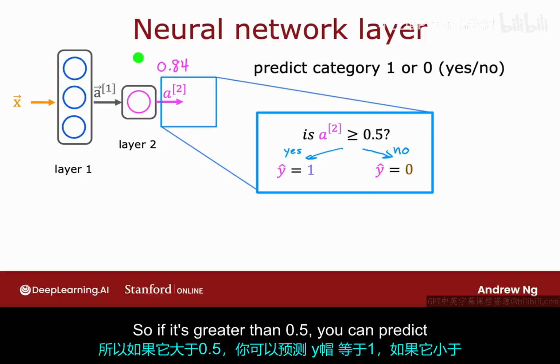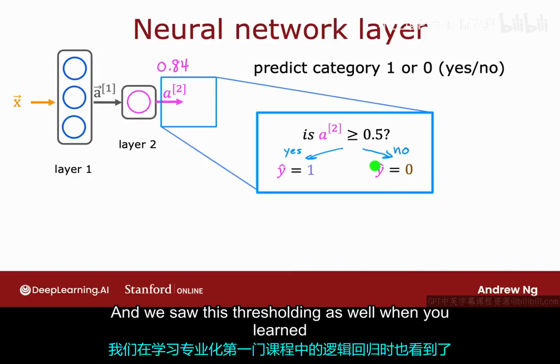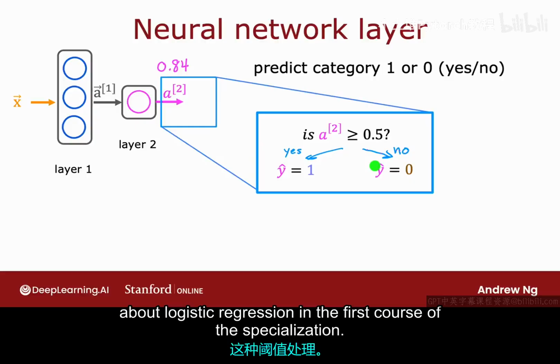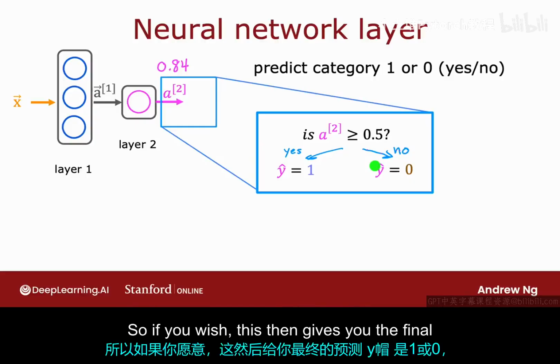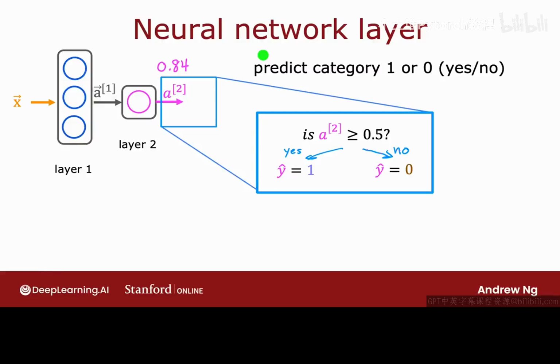So if it's greater than 0.5, you can predict y hat equals 1, and if it's less than 0.5, then predict y hat equals 0. And we saw this thresholding as well when you learned about logistic regression in the first course of the specialization. So if you wish, this then gives you the final prediction y hat as either 1 or 0 if you don't want just a probability of it being a top seller.